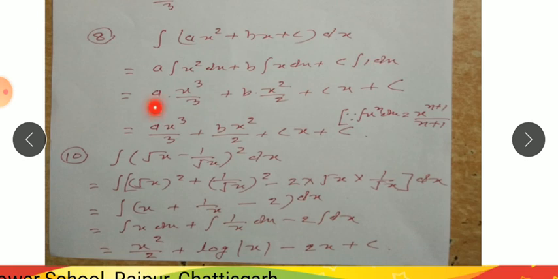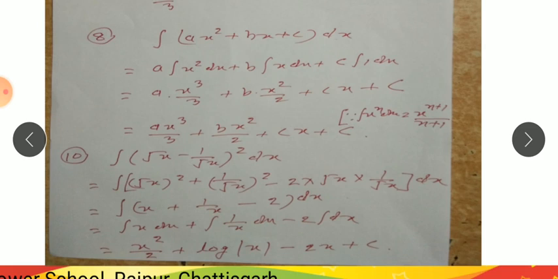This is equal to a integration x square, using formula integration x raised to n is equal to x raised to n plus 1 upon n plus 1, that is 2 plus 1 upon 2 plus 1, means integration x square can be written as x cube upon 3, plus b integration x means x square by 2, plus c integration 1 is x, plus this is capital C, constant of integration.